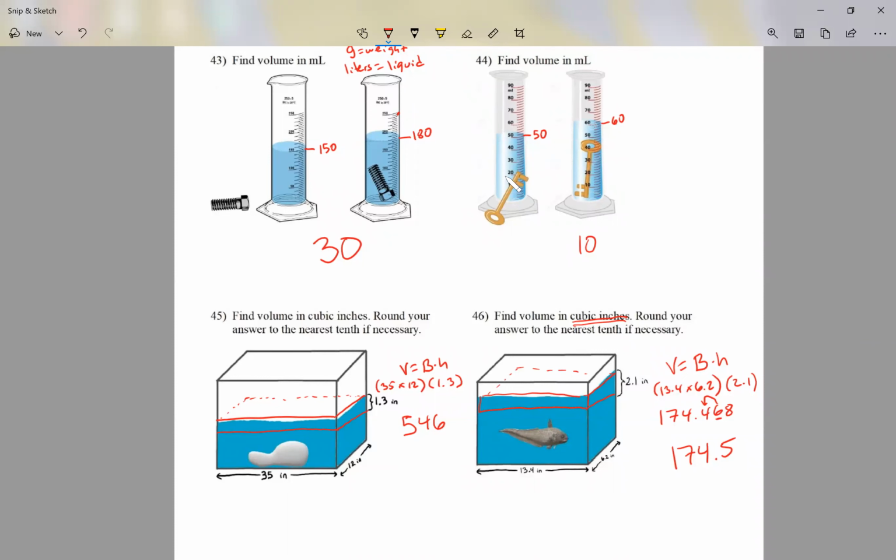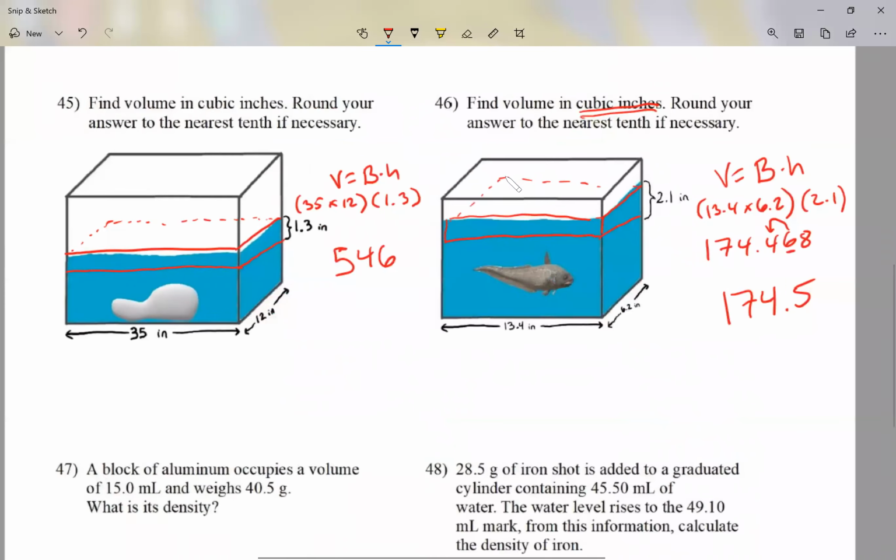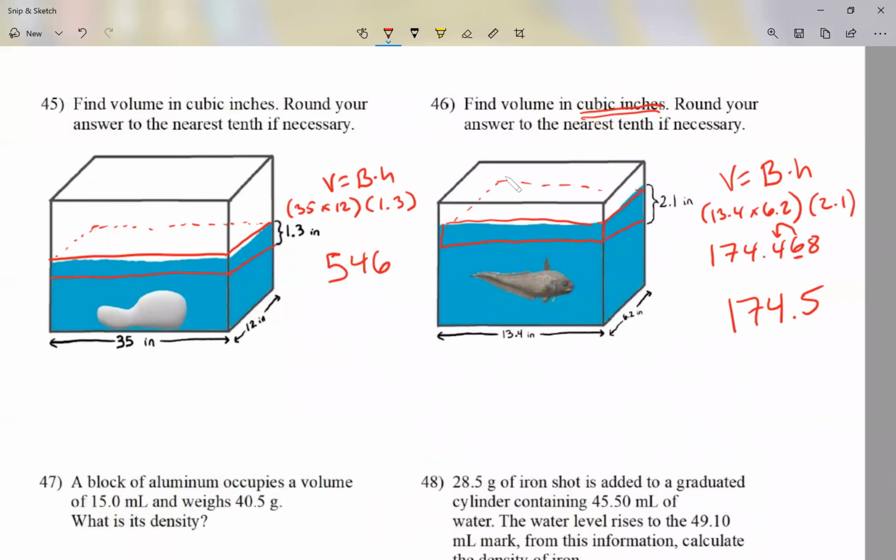How much was it just the water? And then how much is the water plus whatever I'm measuring? How much did it rise? Now here in cubic inches, I'm considering the whole thing, the whole base times the height. Area of the base times the height. And the height, when I say height, is how much did the water rise?